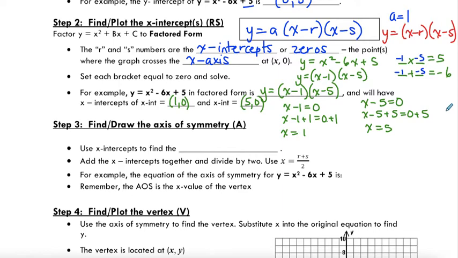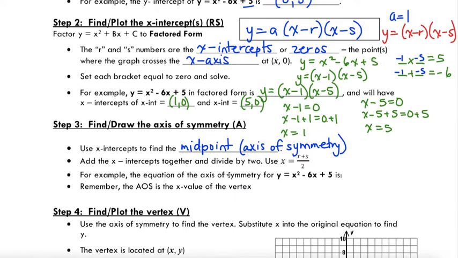So that means that we can use the x-intercepts in order to find the midpoint, or the axis of symmetry, or we can find the x value of the vertex. All of those are going to be the same thing.